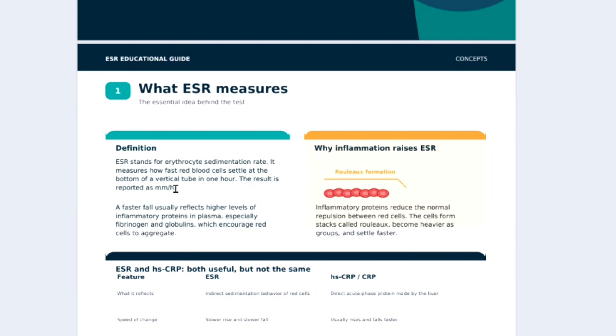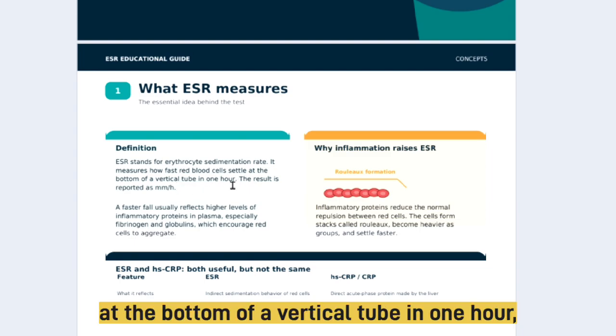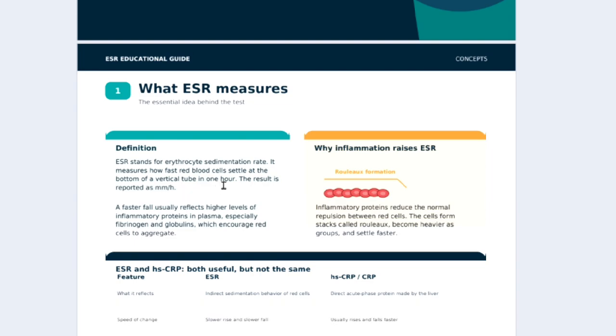ESR means how the blood cells settle at the bottom of a vertical tube in 1 hour, and then the distance is reported as millimeters per hour.